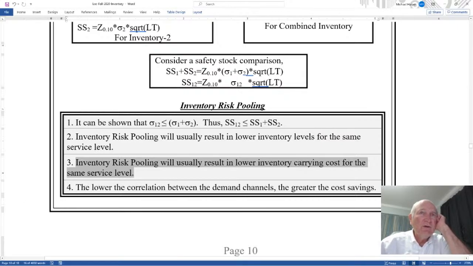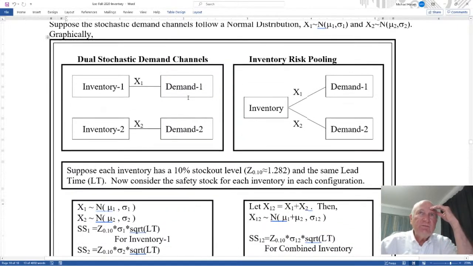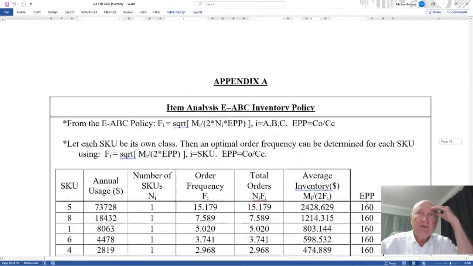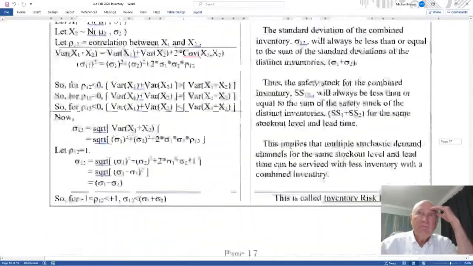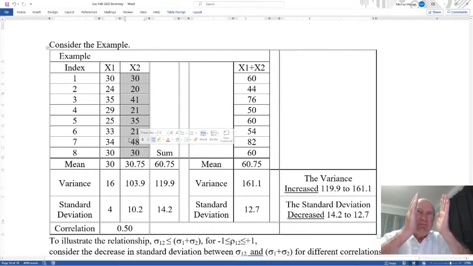The lower the correlation between the demand channels, the greater the cost savings. What this last one means, and I derive it down below, let's go back down here to the example. Let's suppose these numbers here are identical to these numbers. So they're the very same.